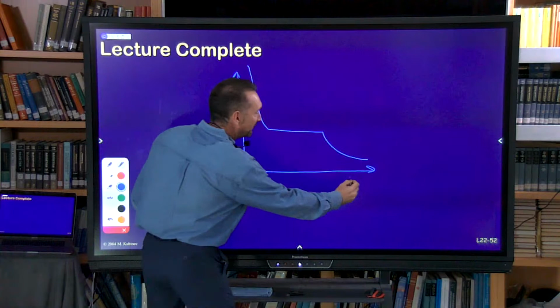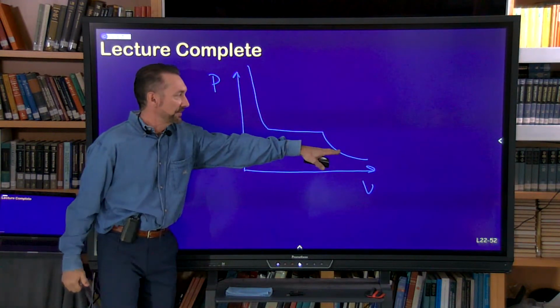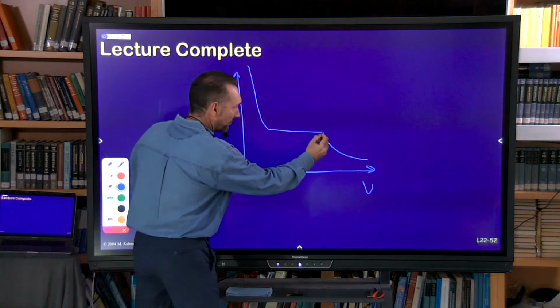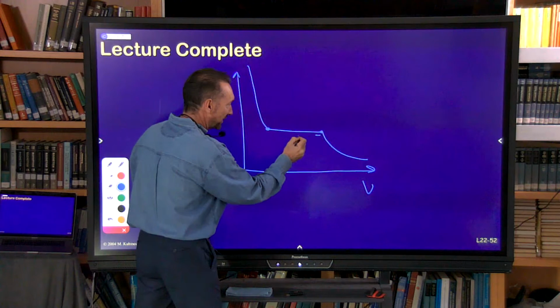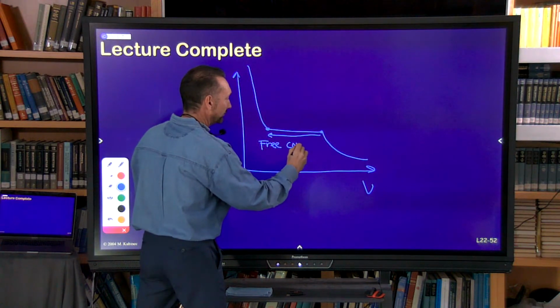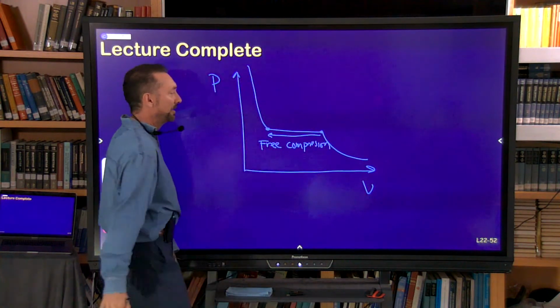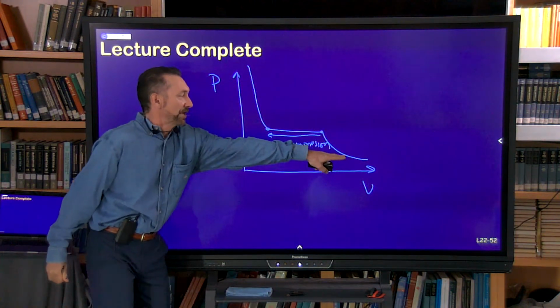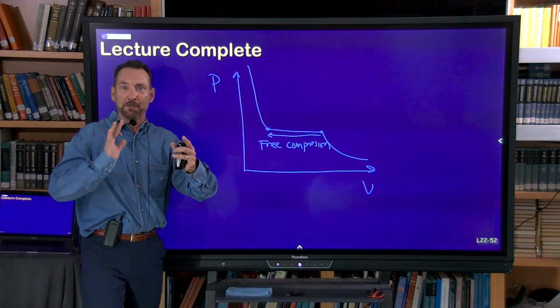Is this what a PV diagram? So here's a PV diagram, and this is some substance. And we said this discontinuity happens here, where suddenly you get free compression. So here you had to pay for your compression. The pressure went up. So let's squeeze to make it go more.